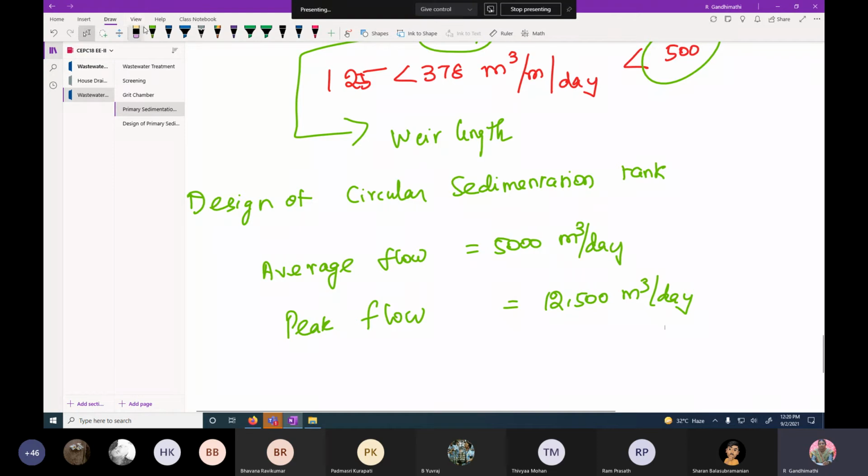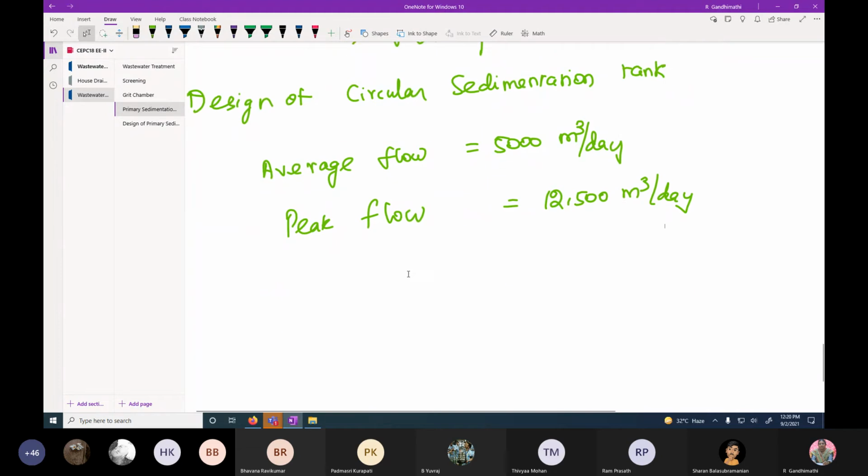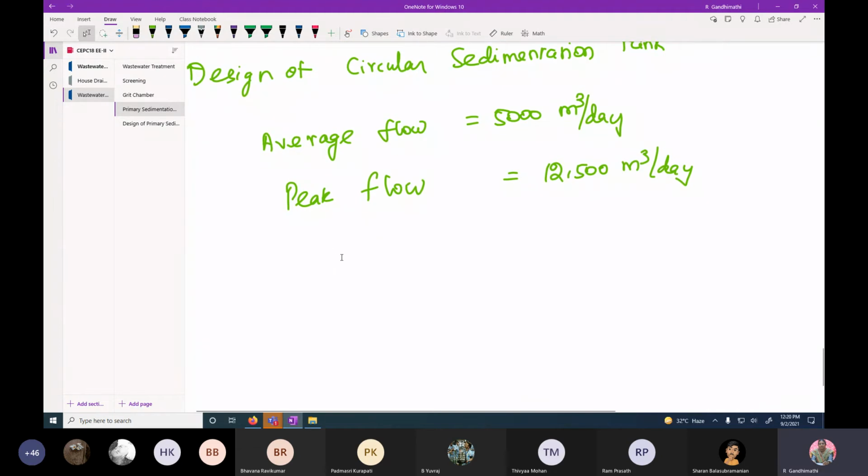Design a primary clarifier to remove approximately 60% of suspended solids at average flow. Then you have to tell me the steps, then I can proceed.